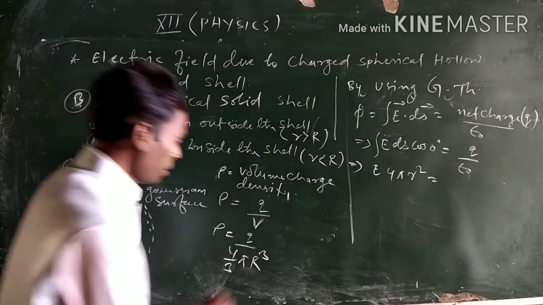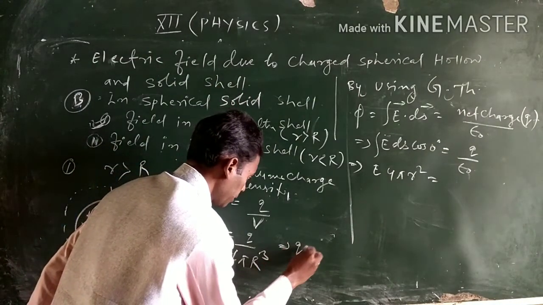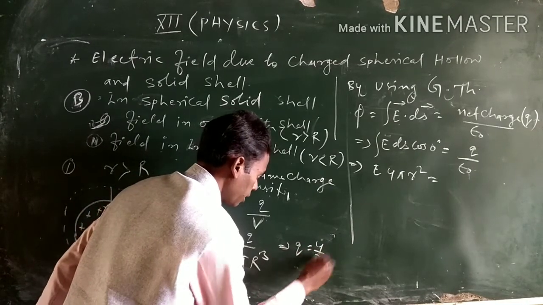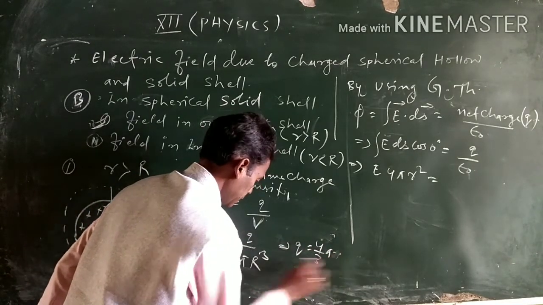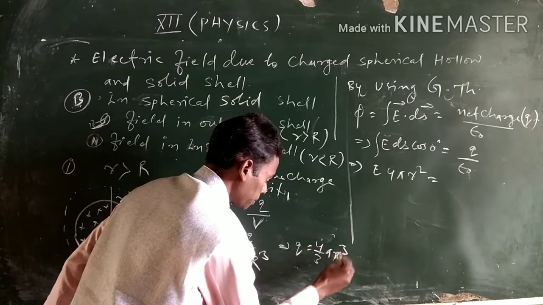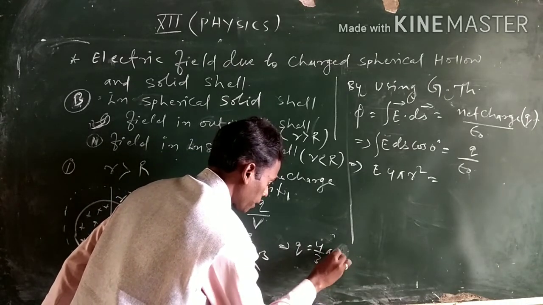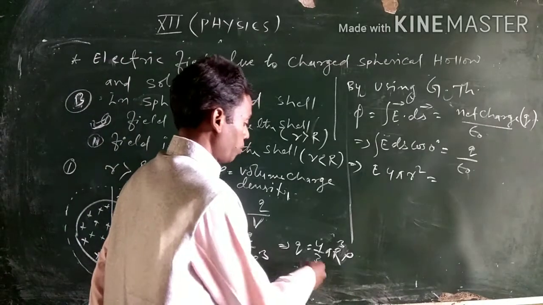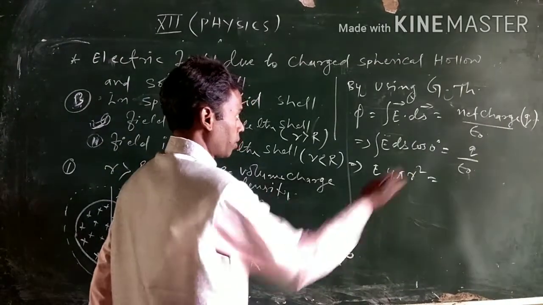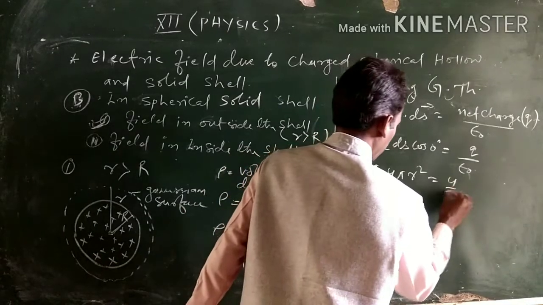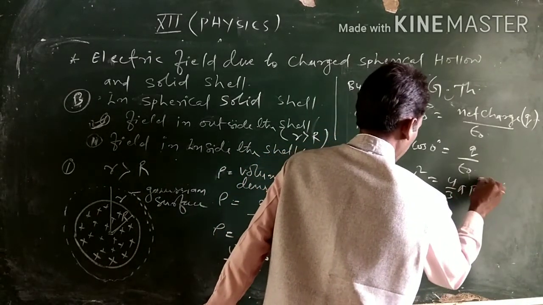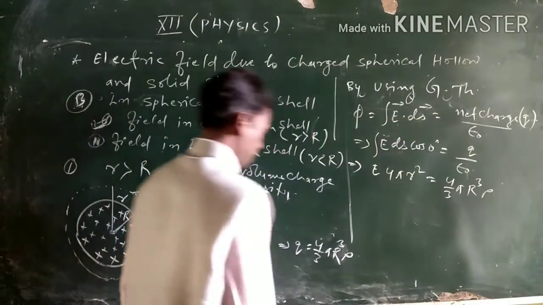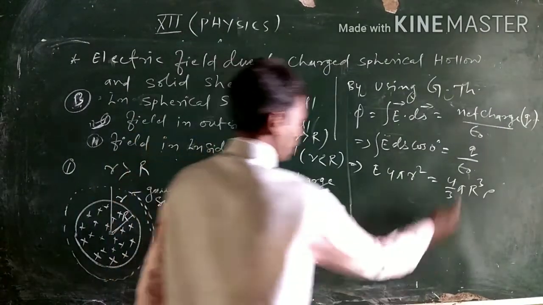From this equation, our charge Q is equal to 4 by 3 pi r cube rho. We have to put in place of Q this one over here, then 4 by 3 pi r cube density rho divided by this epsilon naught.